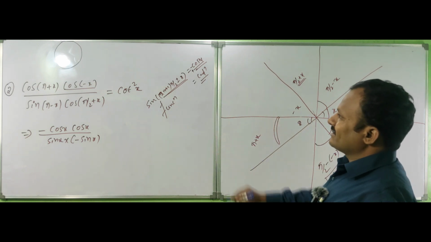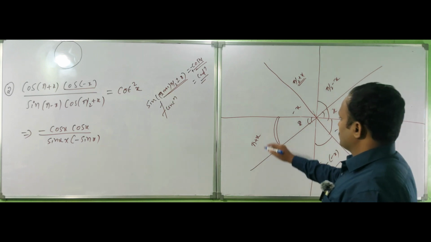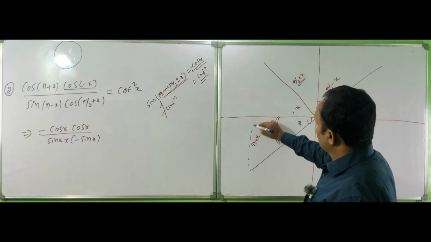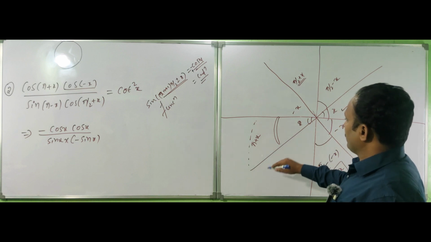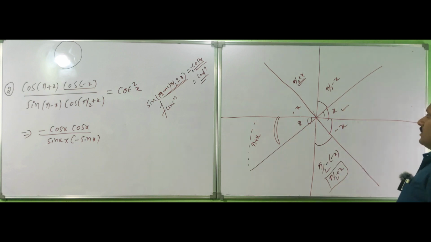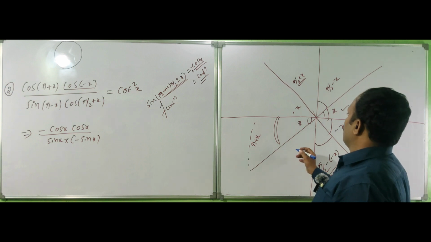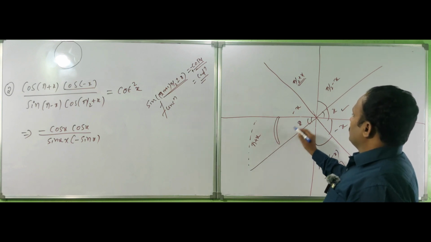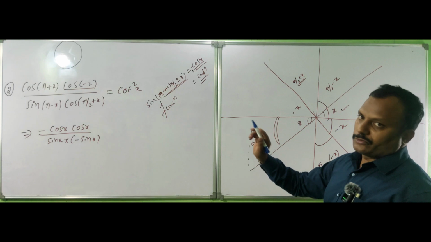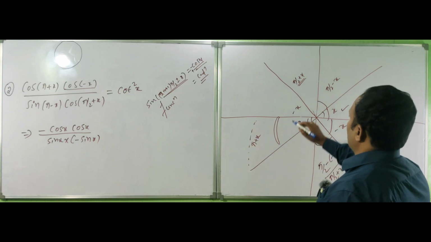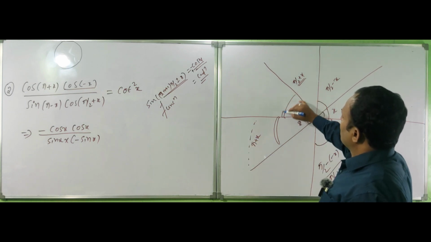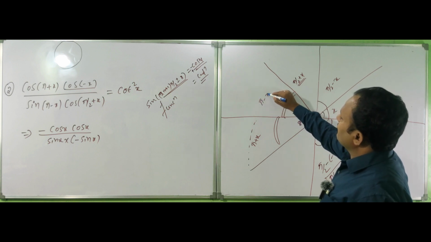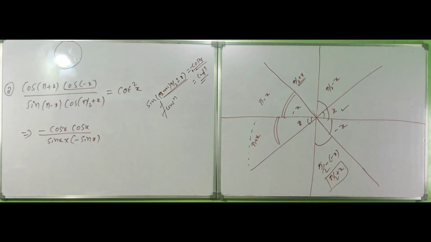This is the angle pi plus x, this is the adjacent, which gives a negative value, negative cos x. This is another, so you can write cos of pi minus x.